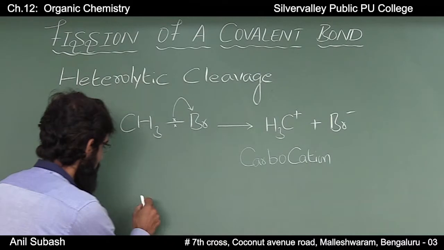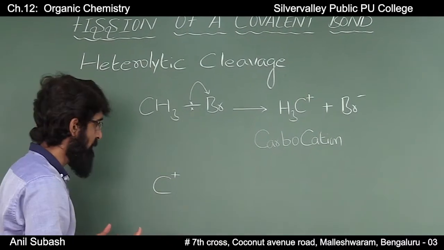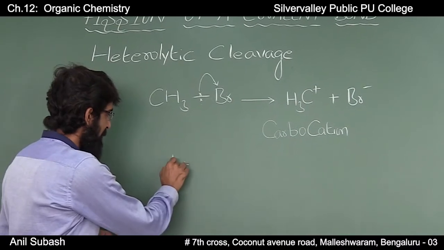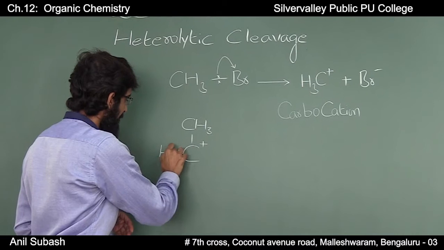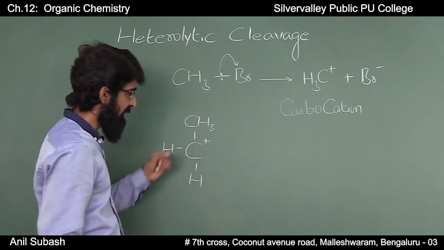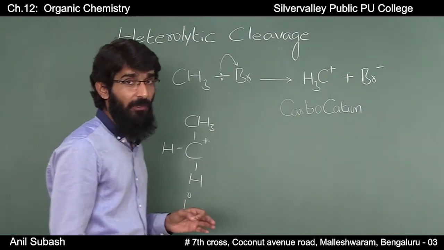That is, you have a carbon which is positively charged, and if this carbon is attached to one other carbon atom, as in this case, it becomes a primary carbocation.